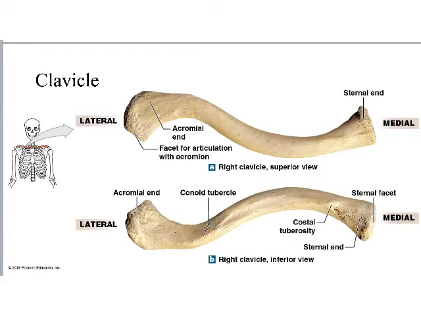So if we look at the clavicle, there's just a few identifying parts on the clavicle that you'll have to learn. There's an acromial end, so that's the end that's going to articulate with the shoulder. And then there's the sternal end, so the sternal end is obviously going to articulate with the sternum. So you should be able to tell the difference between the acromial end and the sternal end.